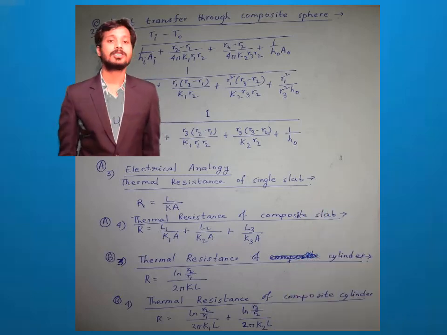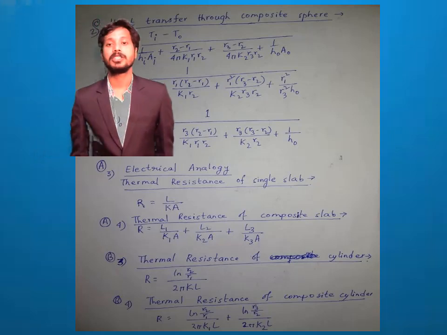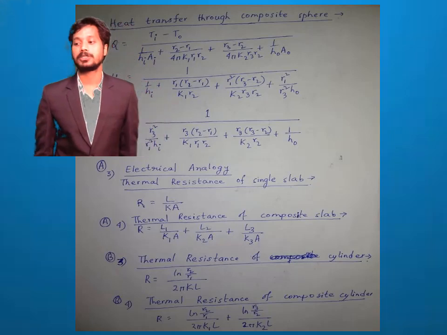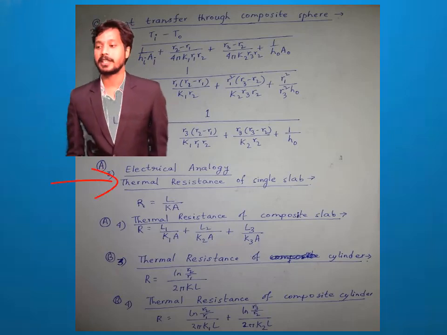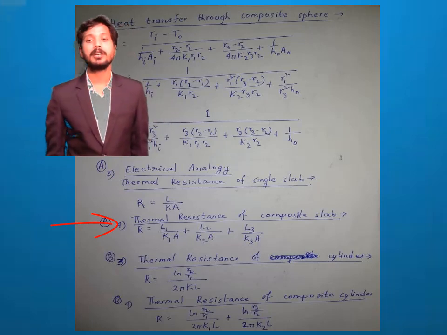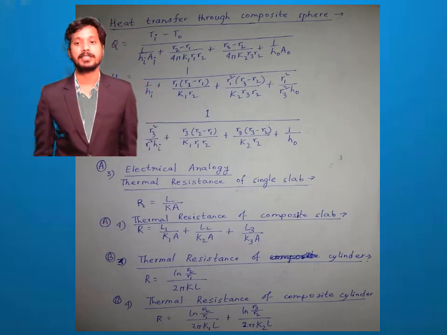And the last topic we discussed was the electrical analogy. There we discussed the thermal resistance of a single slab, R = L/(kA), and of a composite slab, R = L1/(K1A) + L2/(K2A) + L3/(K3A).